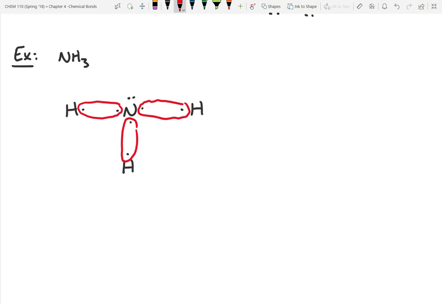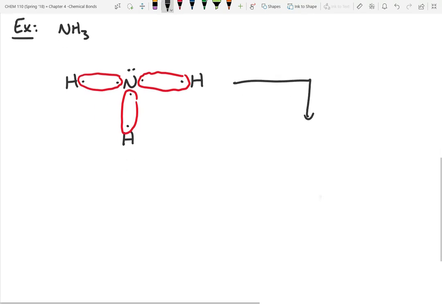Remember how I said I don't like the term Octet Rule? Hydrogen, in this example, is fine not having 8 electrons. So hydrogen's kind of the one major exception to this rule. So now let's redraw this using that bond line notation. So we've got nitrogen sharing electrons with hydrogens. So that line represents a shared pair of electrons.